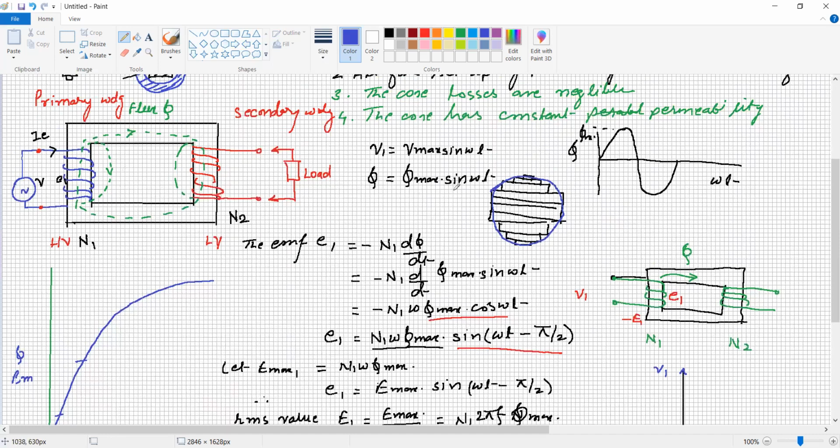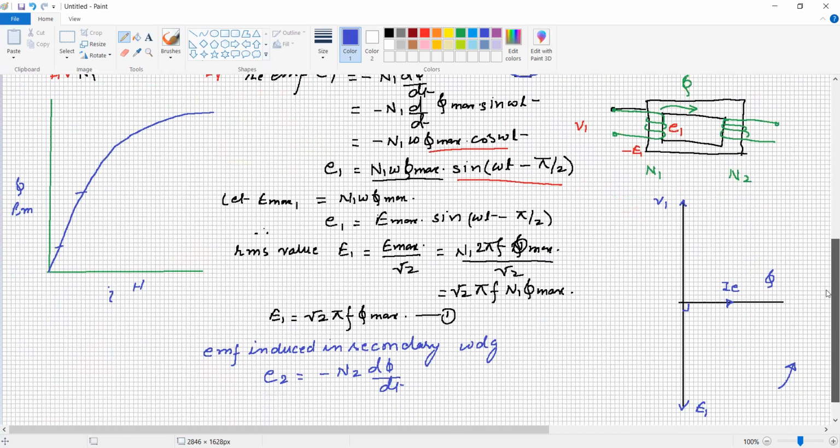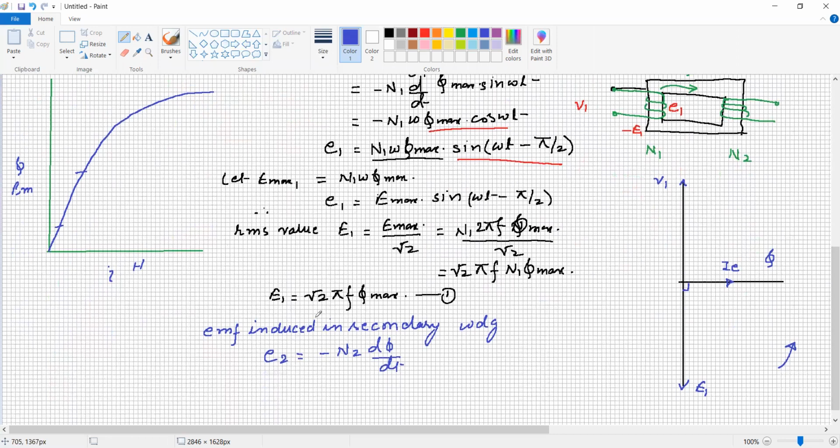If we differentiate with respect to time, we finally get minus N2 omega phi maximum cos omega t, which is written as N2 omega phi maximum sine omega t minus pi by 2.